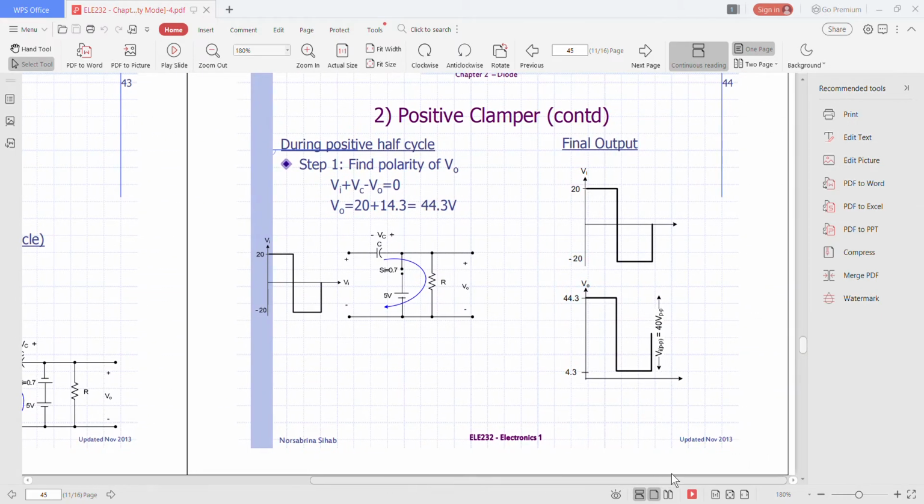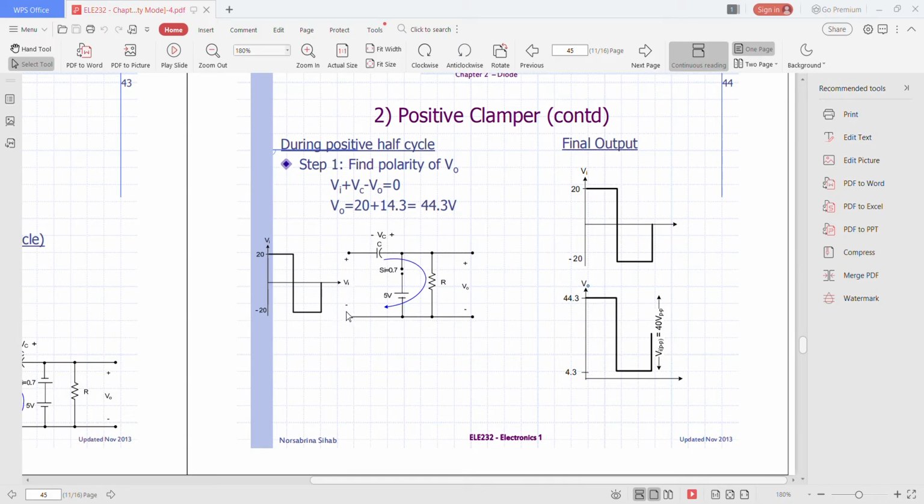So continue during the positive half cycle. The first step is to find the polarity of Vout. So here the equation is Vin plus VC plus Vout equals to 0. Remember, this is positive half cycle, so you have to refer to the blue arrow line here. So the loop will be like this.